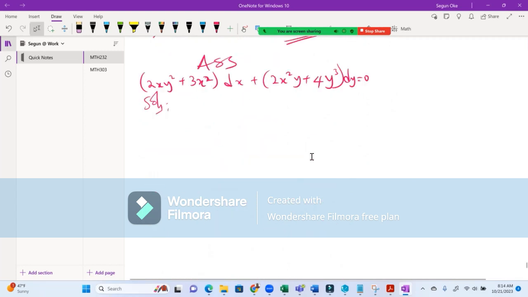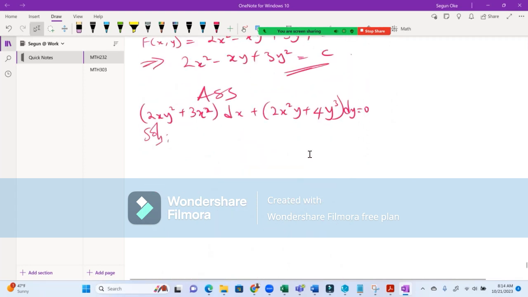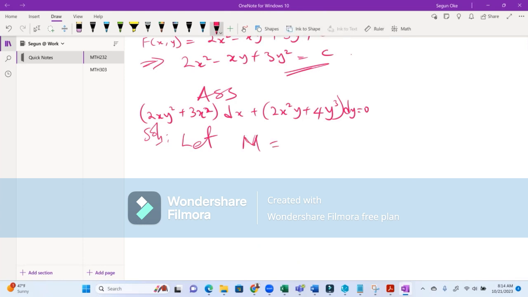But let's look at the assignment that I gave you. What do we do first? The first thing we need to do is let my M equal, what is my M?